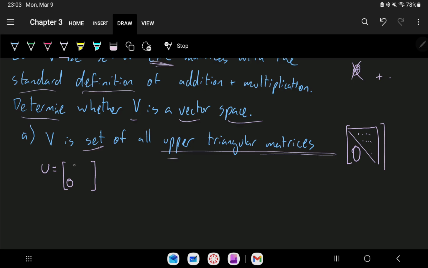I don't care what any other number is. I don't even care if the other number is a 0. The only criteria is that this must be a 0. So we're going to fill the rest in with letters. Same thing, since I need to prove addition and scalar multiplication at the bare minimum, I'm going to need 2 vectors.